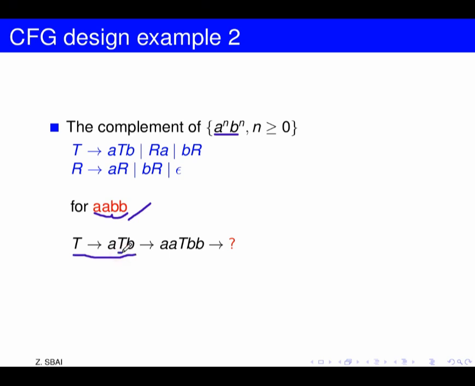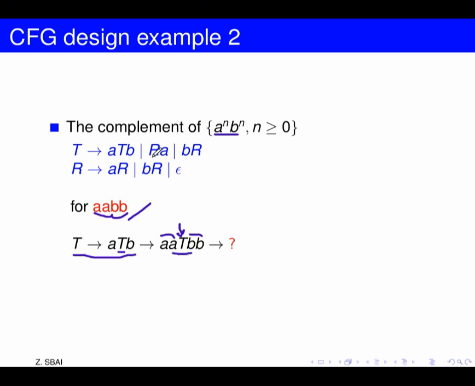Then for this T in the middle, we will choose again T yields aTb, and we will have double a, a variable T, and double b. All the symbols of the input have appeared, but we have another variable here that has to be substituted. However, we can't substitute it by anything that leads to epsilon, since double a, double b have appeared.